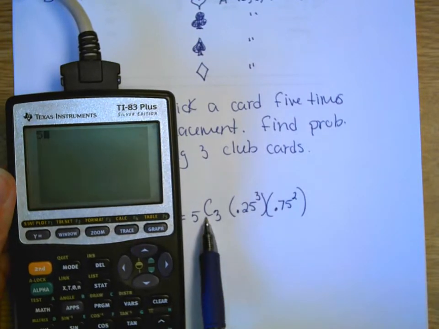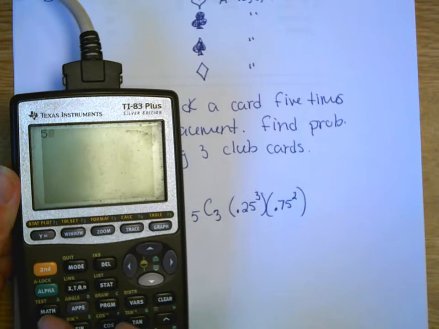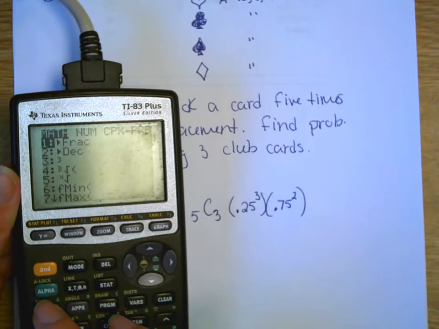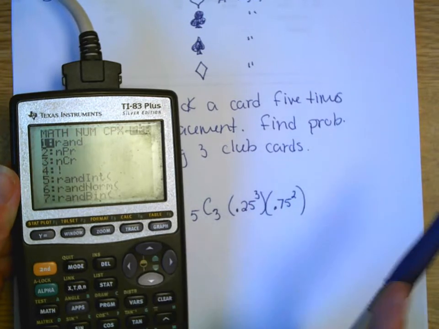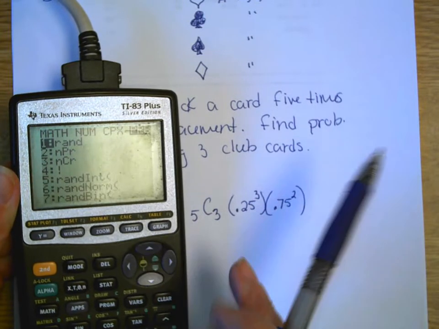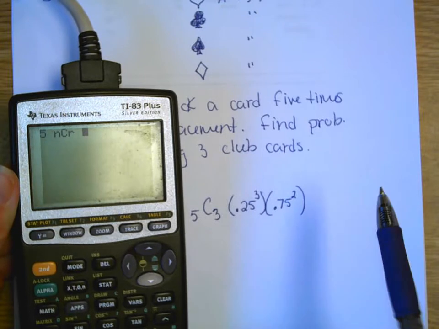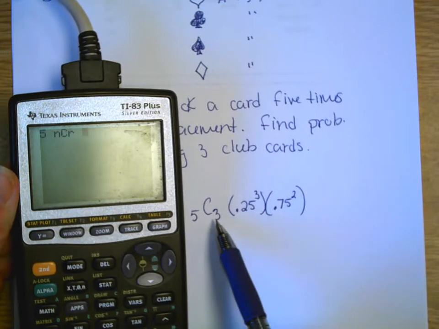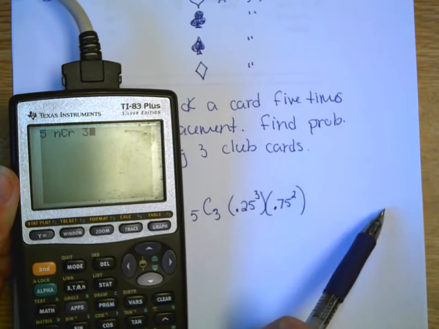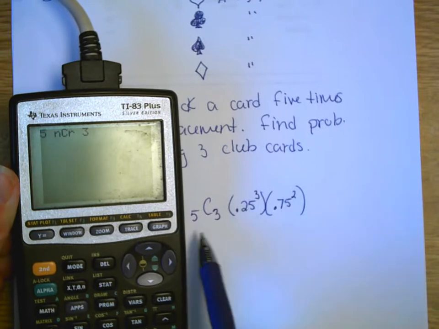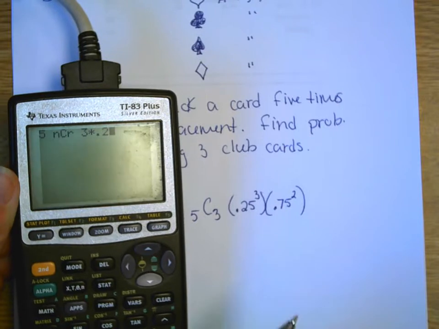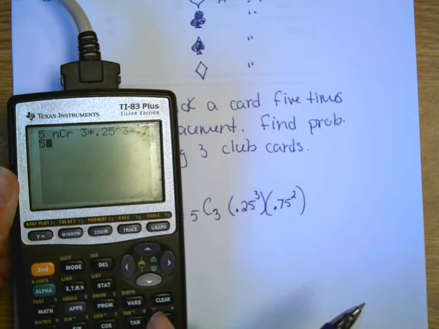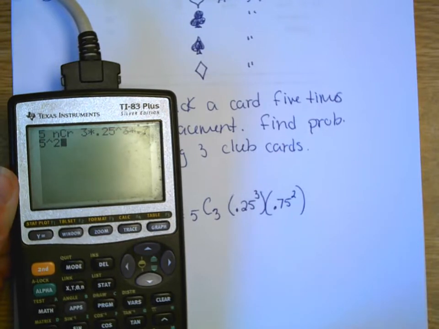Now I'm going to go grab that NCR button, and it's under Math, over to Probability, and then you'll see it right there at number 3. And now I need to give it the R, which is a 3. So there's my 5, choose 3, times 0.25 raised to the third, times 0.75 raised to the second.